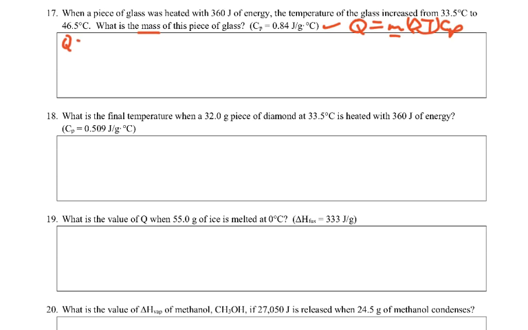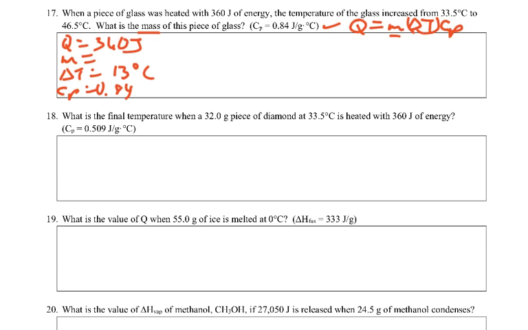So Q is equal to the heat, 360 joules. We know the mass is what we're looking for. Okay, delta T goes from 33.5 to 46.5, so that's going to be 13 degrees. And the CP is given, and that is 0.84 joules per gram degree.